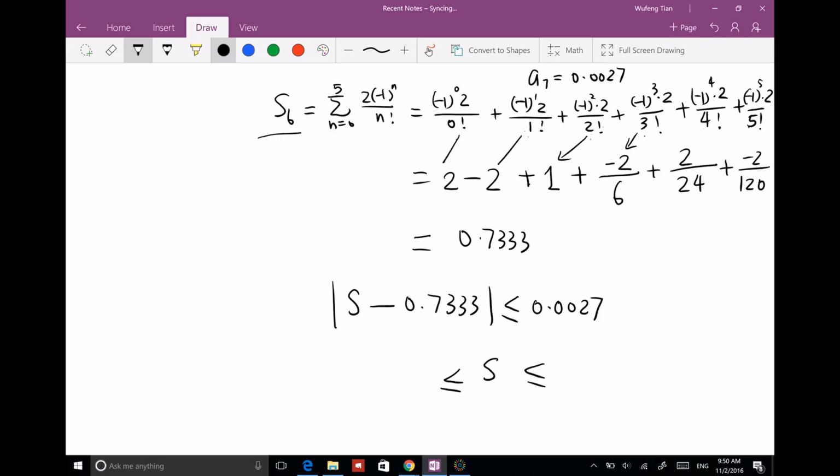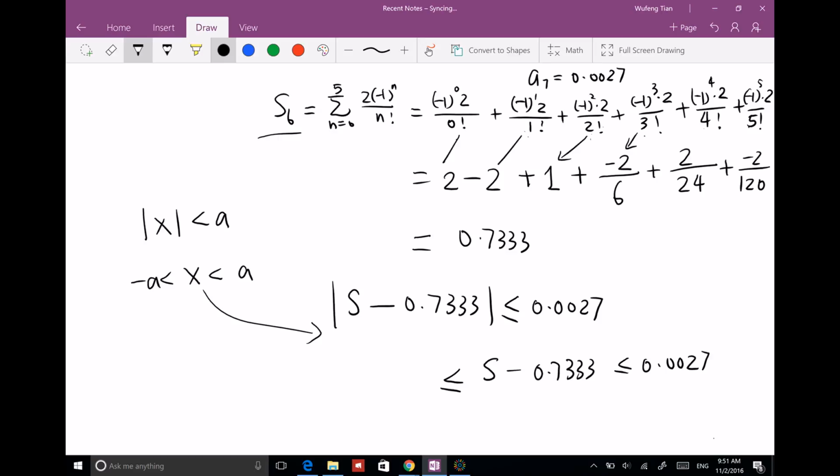Okay. So if you use the rule that absolute value of x less than a means x less than a and bigger than negative a, now if I solve this, we got S minus 0.7333 less than or equal to 0.0027, and bigger than or equal to negative 0.0027.